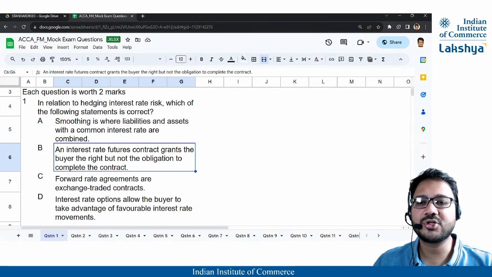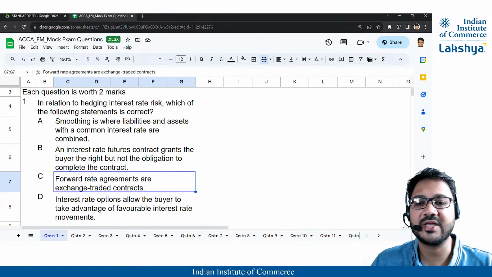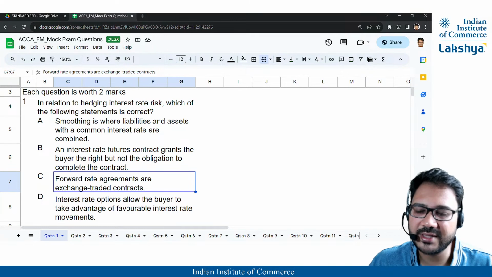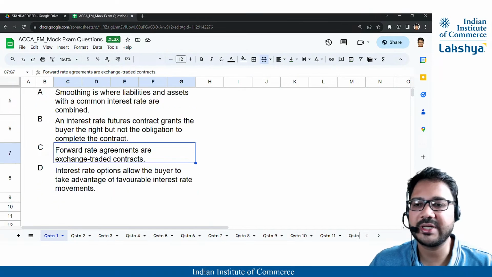An interest rate future contract grants the buyer the right but not an obligation. That's incorrect again. Futures give an obligation, not a right. Forward exchange contracts are exchange traded funds. Again, incorrect. It's futures which are exchange traded, not forwards. Forwards are OTC contracts. And that leaves us with D, which should be the correct answer. Let's read it.